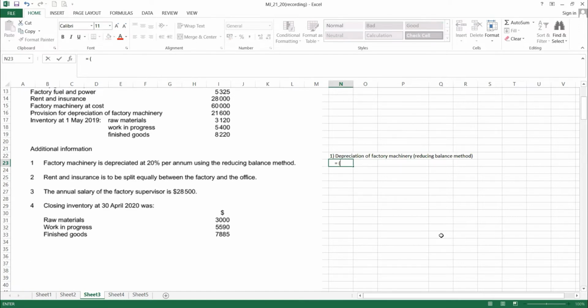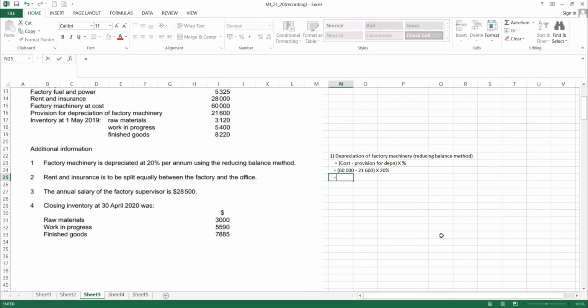Reducing balance is taking the cost minus the provision for depreciation, times the percentage. So the amount we get for the factory machinery cost is 60,000. So 60,000 minus the provision of 21,600, and then times how many percent? 20%.